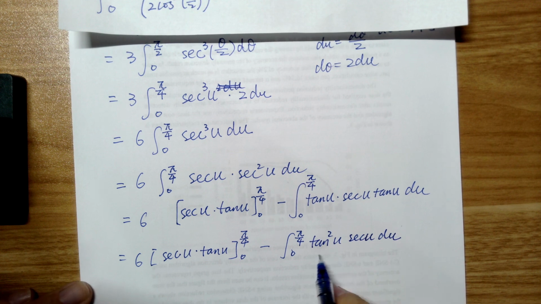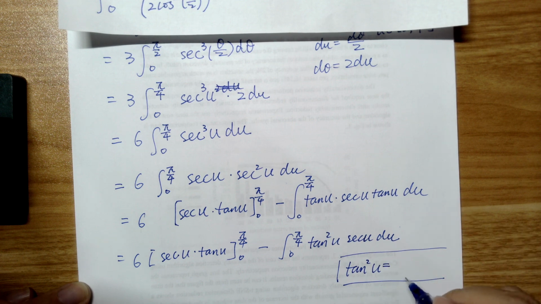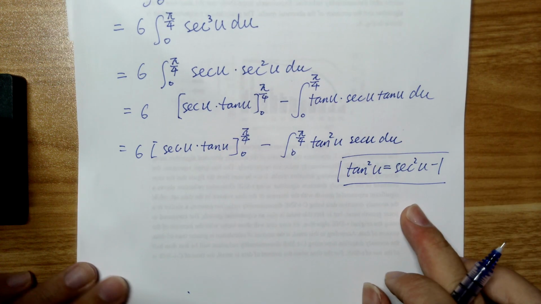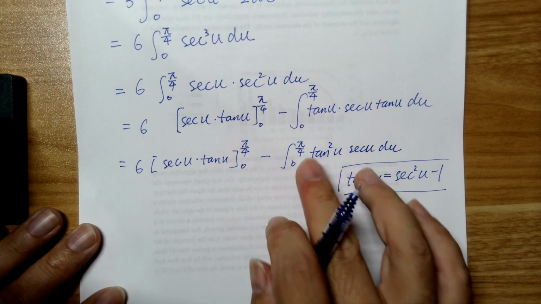But don't forget the identity, which is tan square of u equals secant square of u, excuse me, minus 1. Okay, so we're going to borrow this trig identity here.